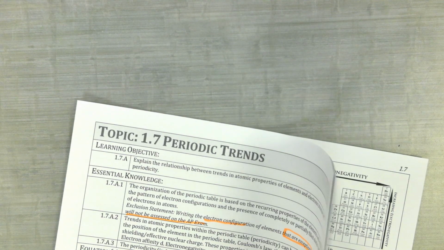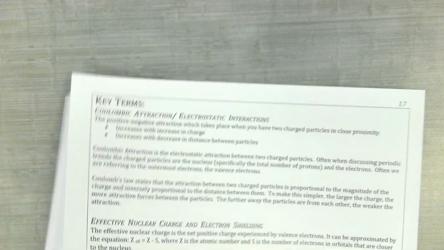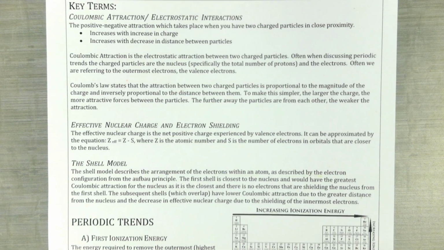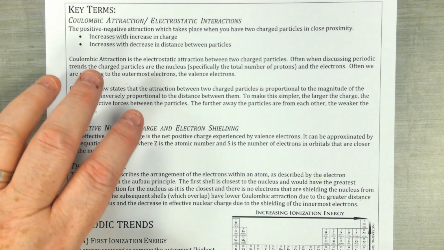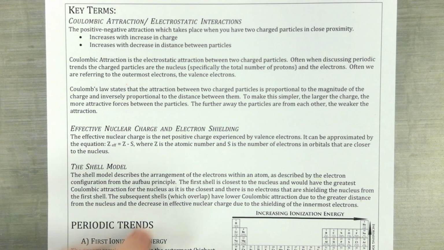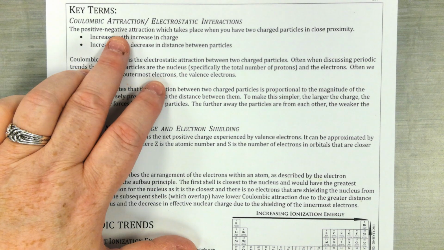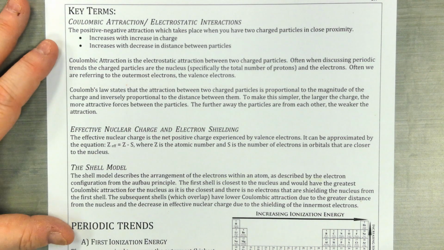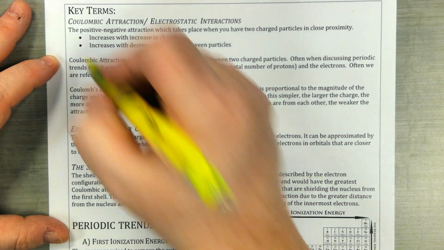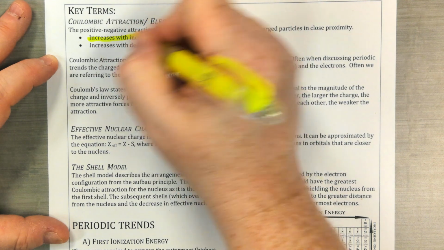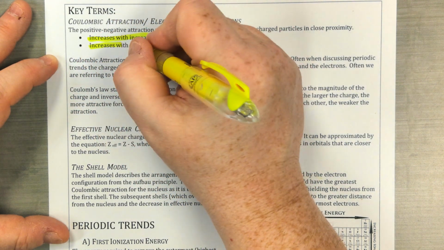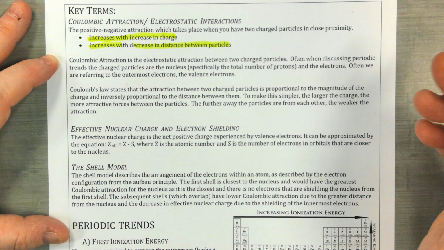So let me flip this over. The first thing we're going to be talking about is Coulomb. These are like key terms. Coulombic attraction, electrostatic interactions: this increases with charge, and it increases with a decrease in distance between particles.